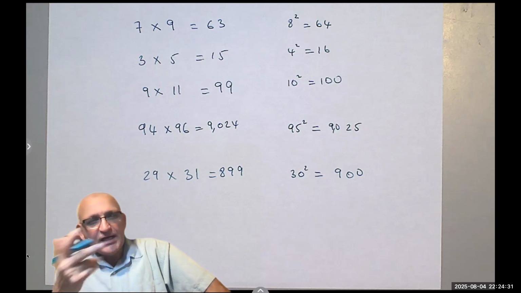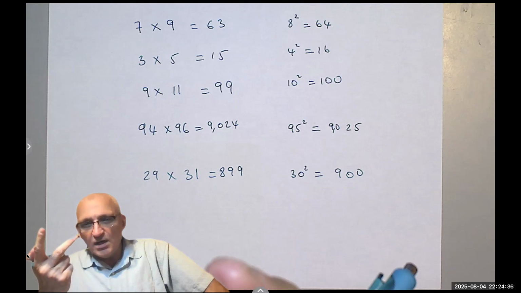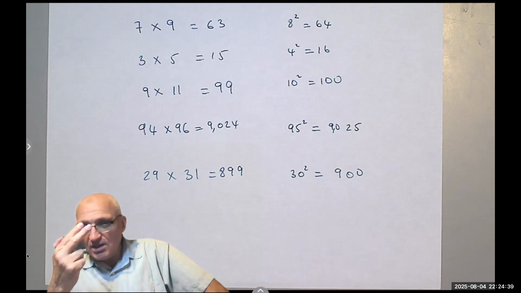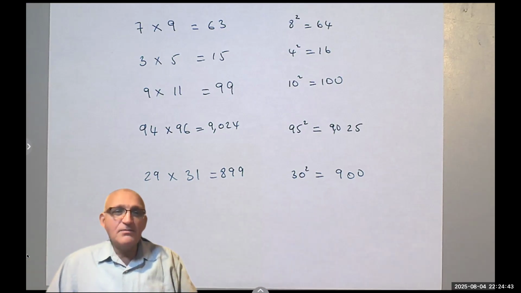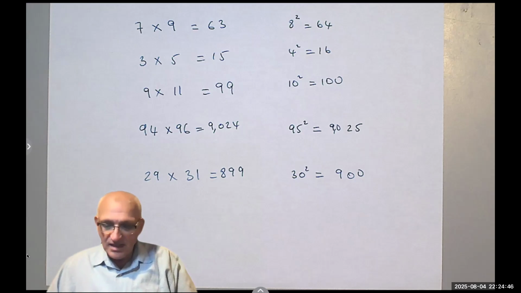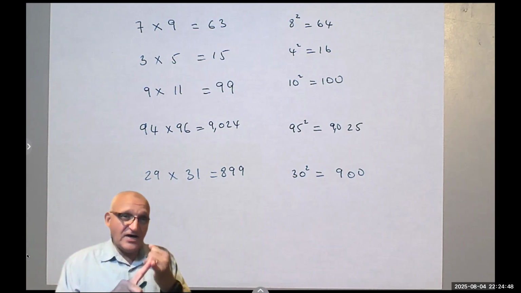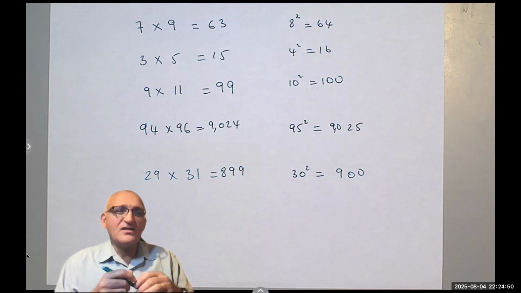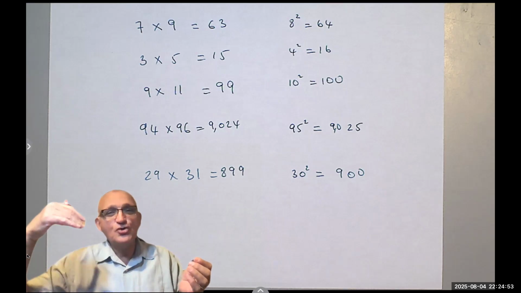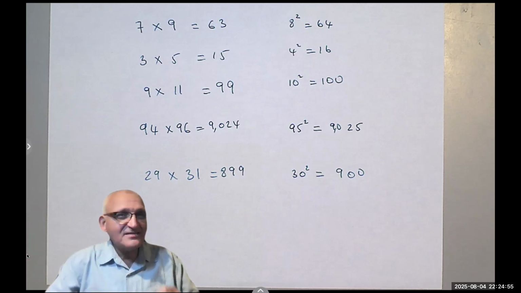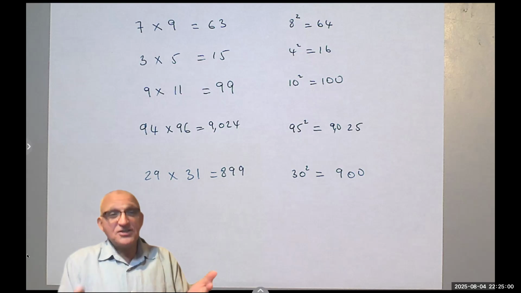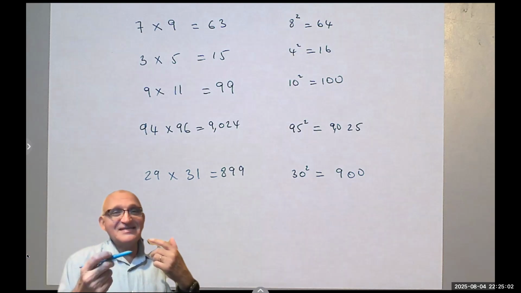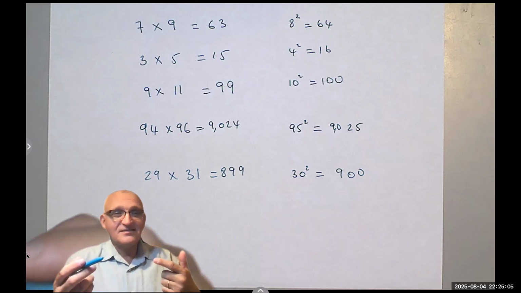So any two numbers where one ends in 9 and the other in 1, so they differ by 2, would be easy because the middle number ends in 0 and you can square a number that ends with 0 very easily. Same thing with 5. So if it's 5 or 10, it's easy. For other numbers, it's not that easy unless you know many squares. So maybe that's encouragement for you to start to learn squares.